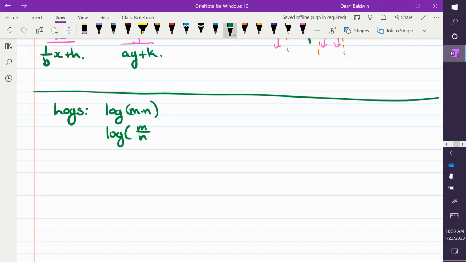Here we go. If you're multiplying, what are you doing to the arguments? Adding. So this is log m plus log n. If you're dividing, you are subtracting.